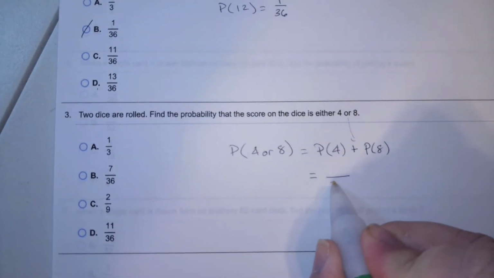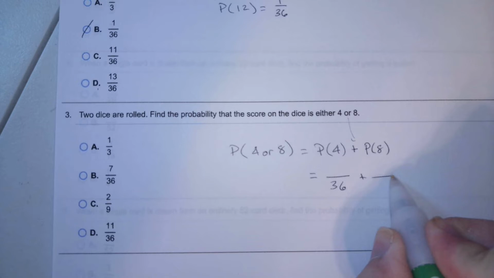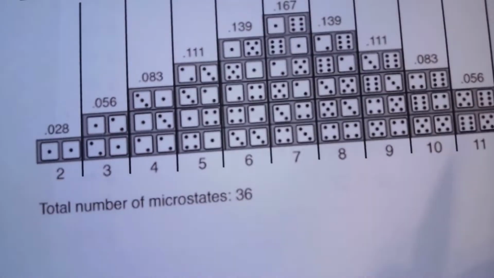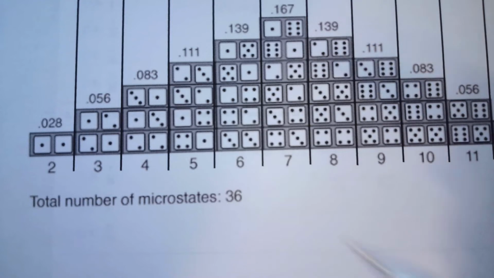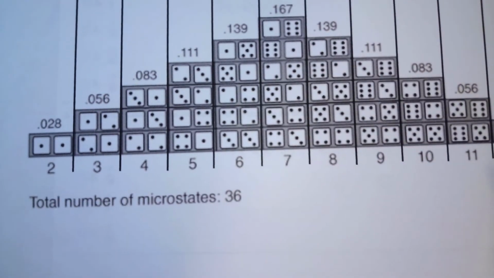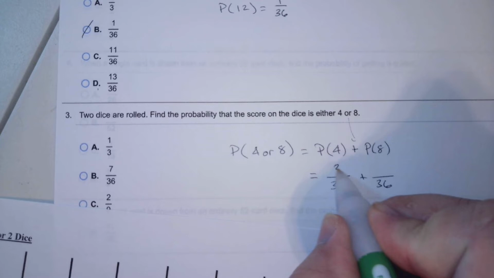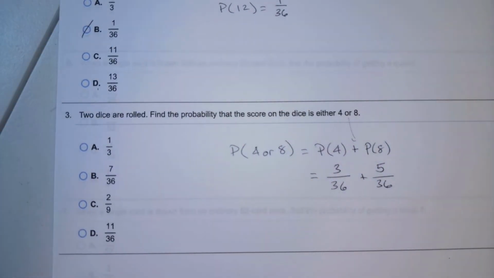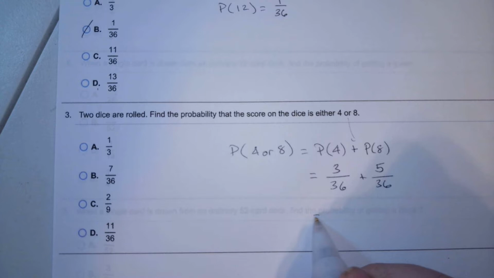We know that there's 36 possibilities. So how many ways can you get a 4? 1, 2, 3. How many 8s? 1, 2, 3, 4, 5. So 3 and 5. Add them together. 3 plus 5 is 8.